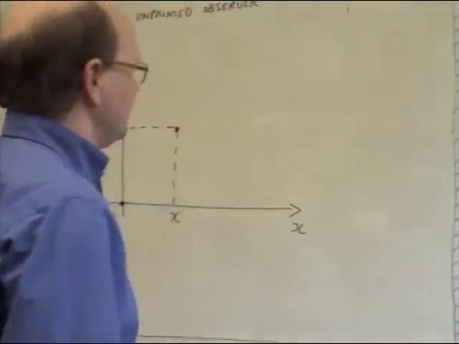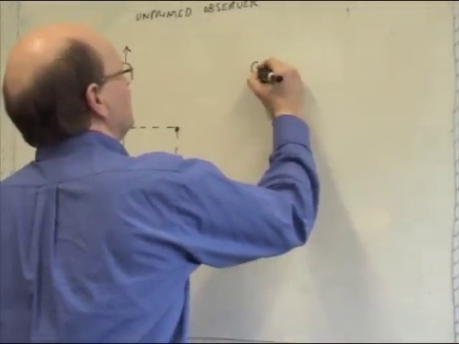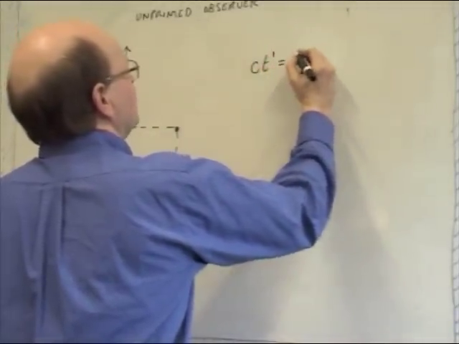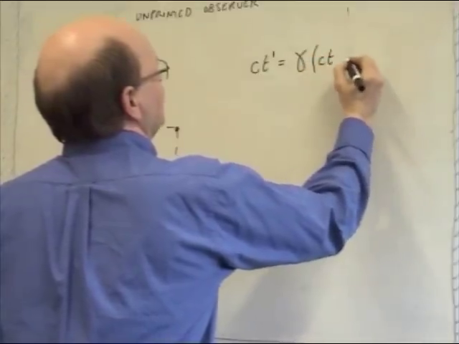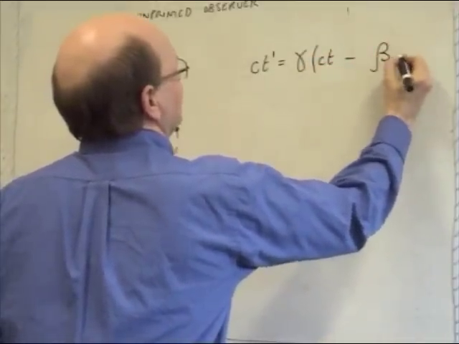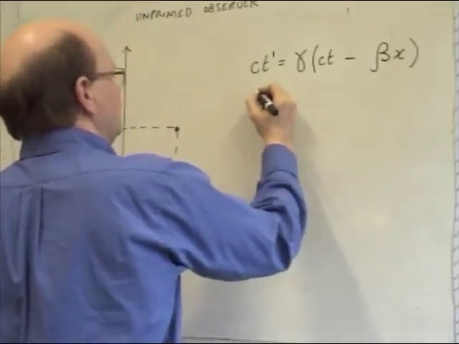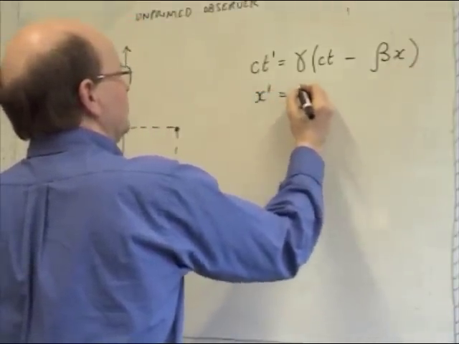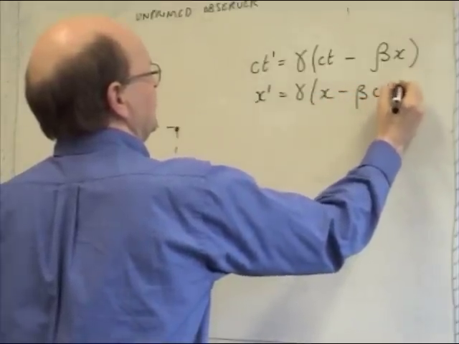And that transformation is this one. For the time component, we have CT primed equals gamma, which we'll talk about in a minute, times CT minus beta x, and again I'll talk about beta in a minute. And then for the position coordinate, x primed equals gamma times x minus beta CT.